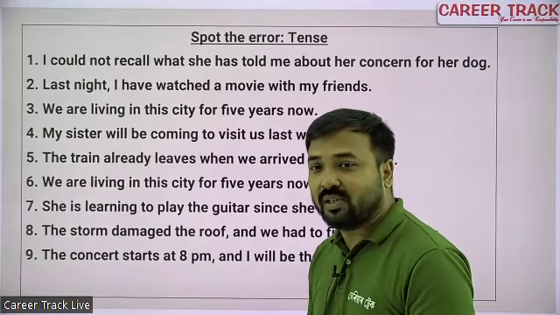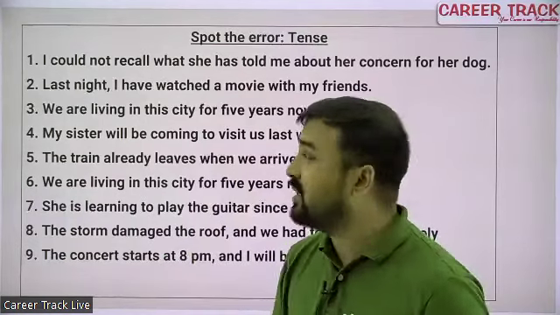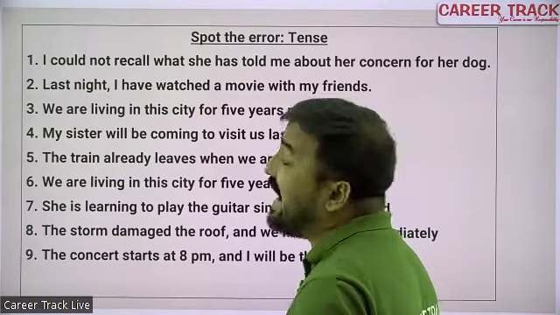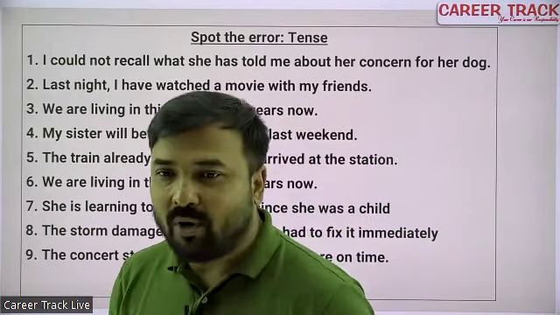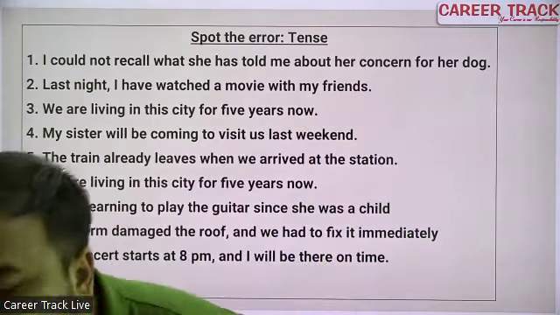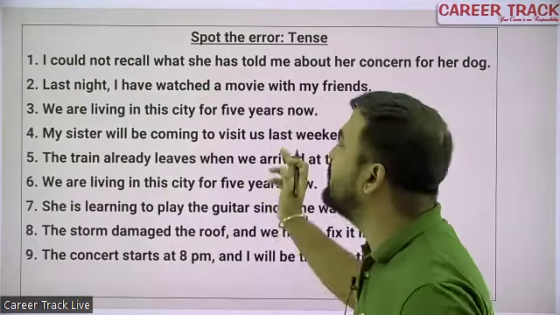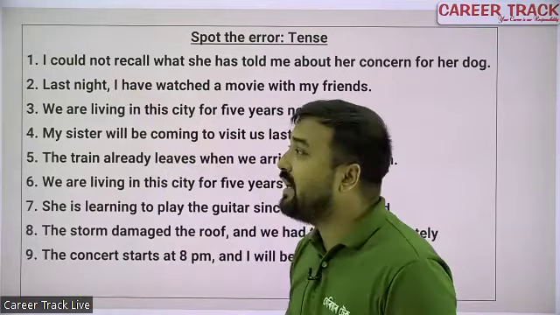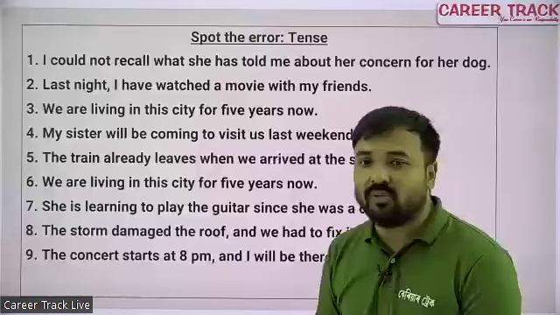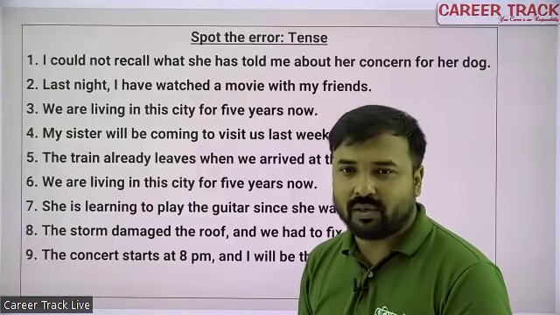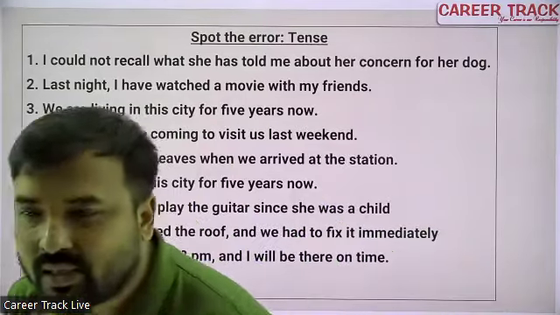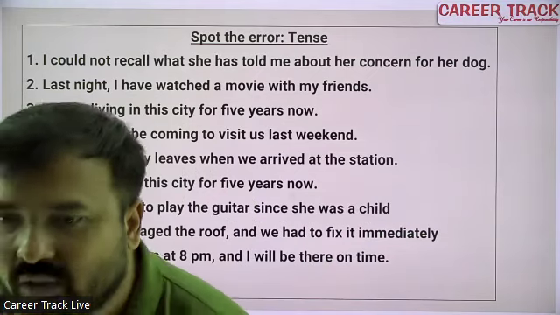Has to present thought আছে, so we have to convert that into past. So I could not recall what she had told me about her concern for her dog. Okay, so what she had told her, because it is in past tense. I cannot recall যদি হল হয়, I cannot যদি হল হয় তেতিয়া has হল হয়। Got it? Good job. Answer correct হৈ আছে, সবেই শুদ্ধ answer দি আছে, very good.